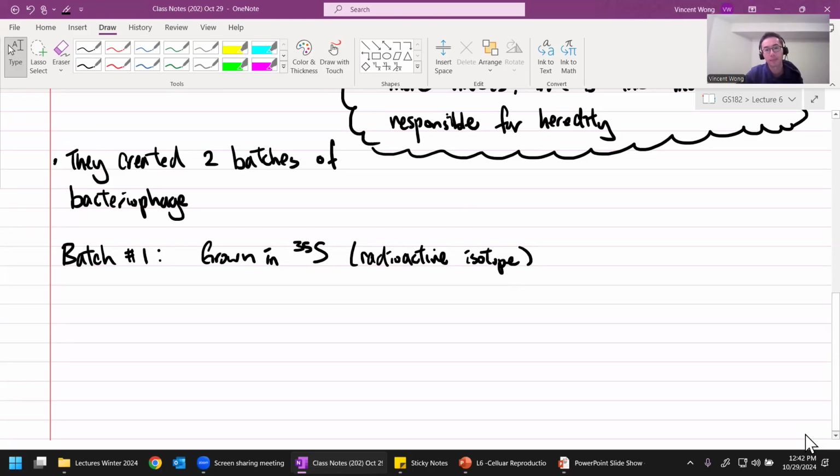What do you think? Is the radioactive sulfur going to be incorporated into the virus protein or into the virus DNA? Anybody can tell me that?